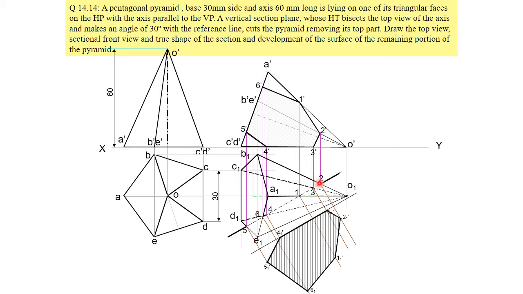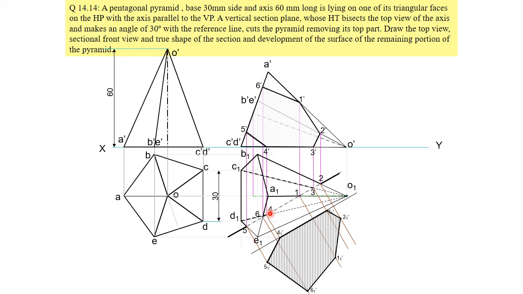One cutting plane, or section plane, bisects this axis, making a 30 degree angle. And darken the cutting plane at the ends, here and here. The cutting plane always needs to be darkened at its ends.